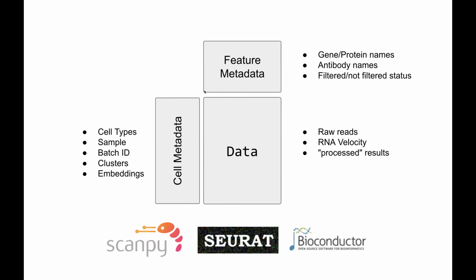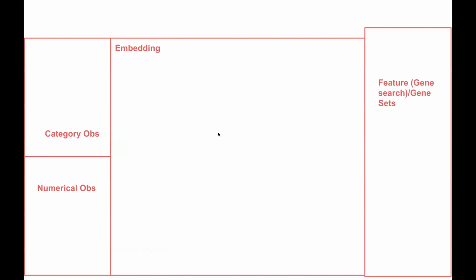People can also calculate different metrics around individual genes, so those can be useful too. But this is what the single cell communities and single cell tool chains have landed on as the representation for single cell data.